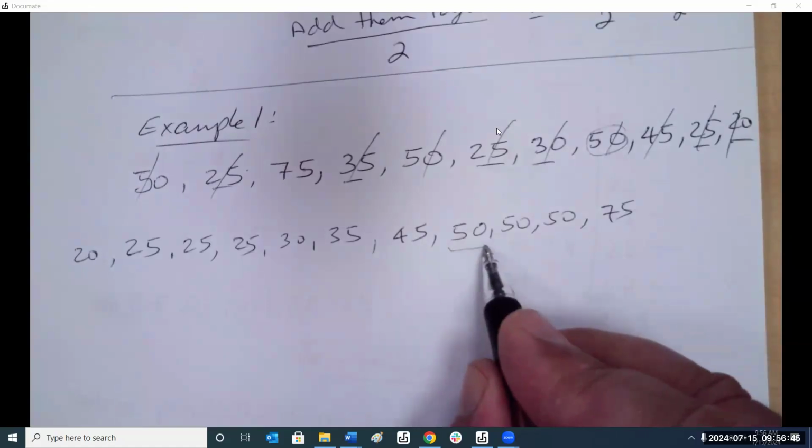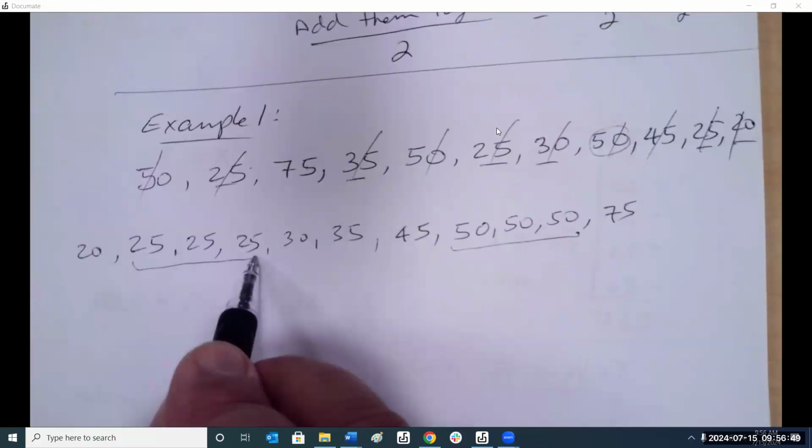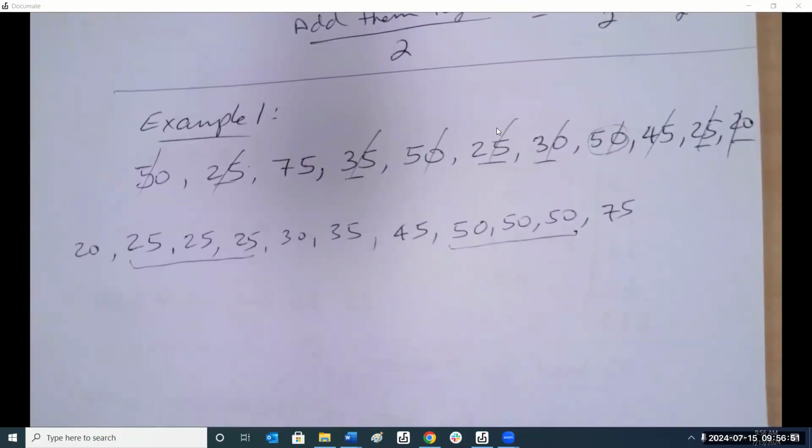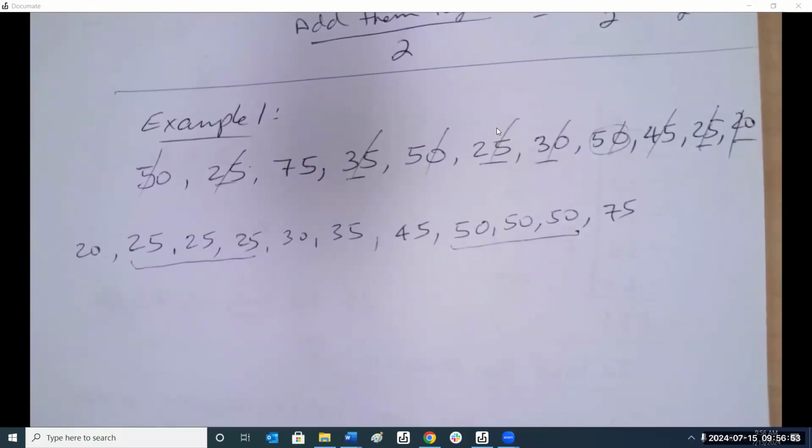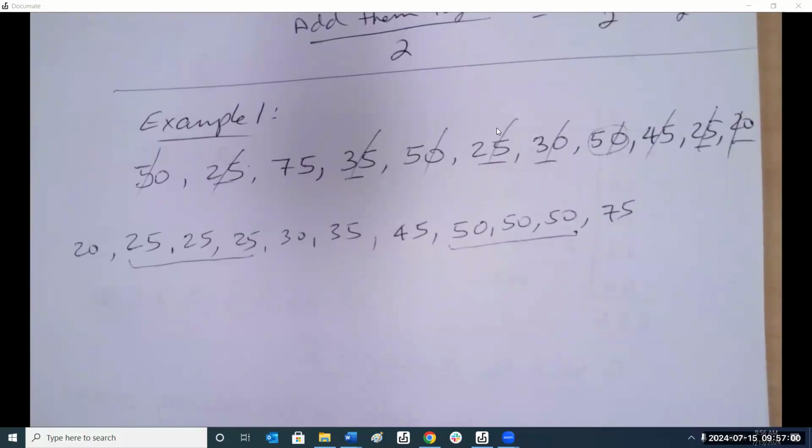So which one's our mode? Okay, 50 has 3. Does any other one have 3? Yes. If you have more than one mode, depending on the size of your data set, if it's small, then you can say there's no predominant mode. But this is bigger than 10.